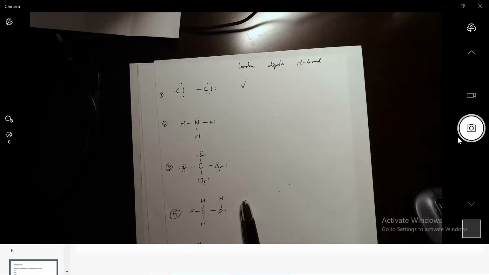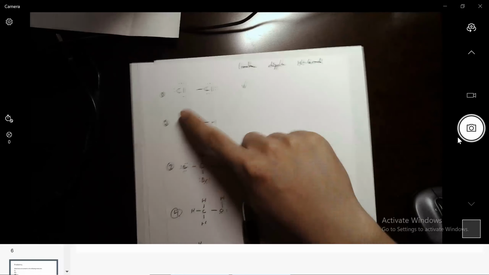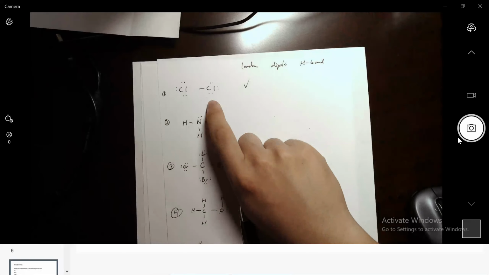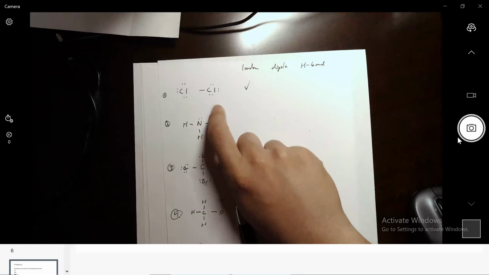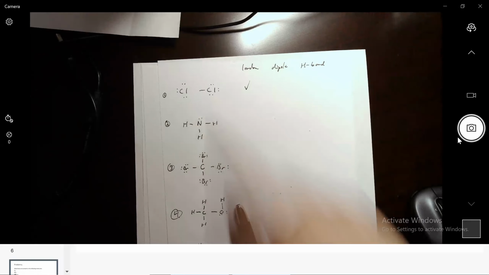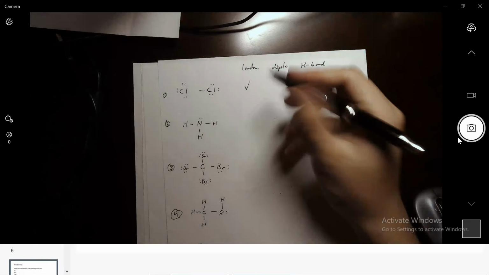So do we have a difference in electronegativities here? For chlorine, they're the same atom, right? Exactly. So if they're the same atom, how can we have a difference in electronegativity? So no, we do not have a dipole moment.